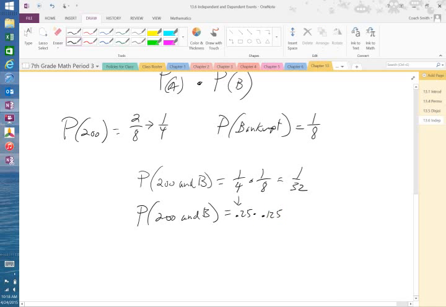They multiplied those out, and they got 0.03125. Okay, so that's the probability that you would get a 200 and a bankrupt. So basically a 3% probability.